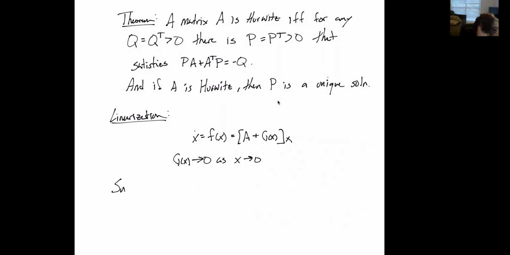And then we can suppose that A is Hurwitz. Then there's a portion of this system that would converge to 0, but maybe not in the global sense.